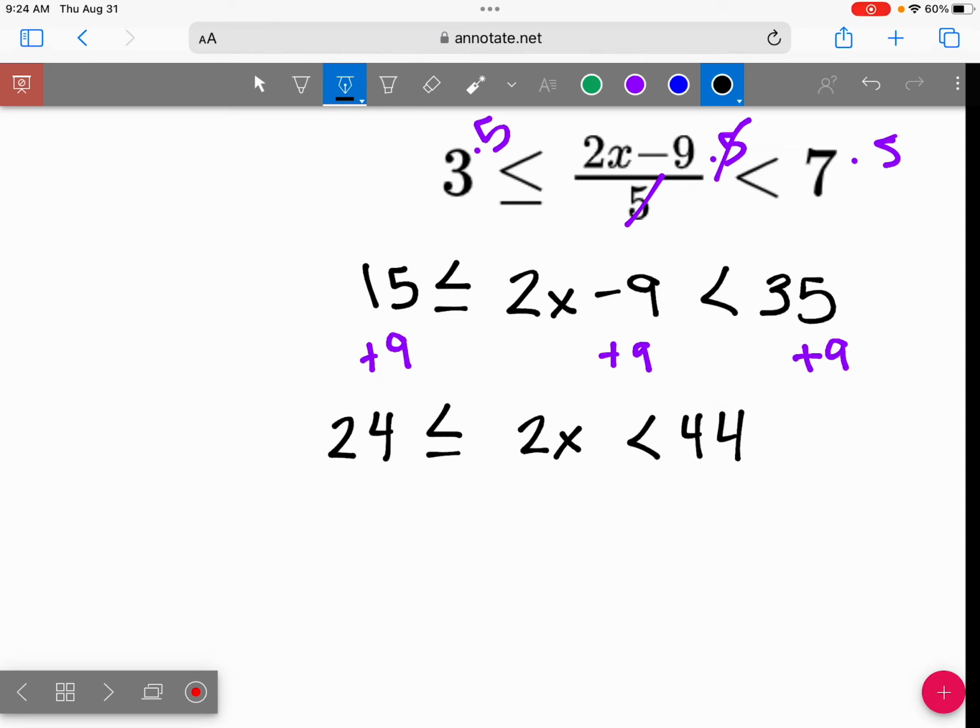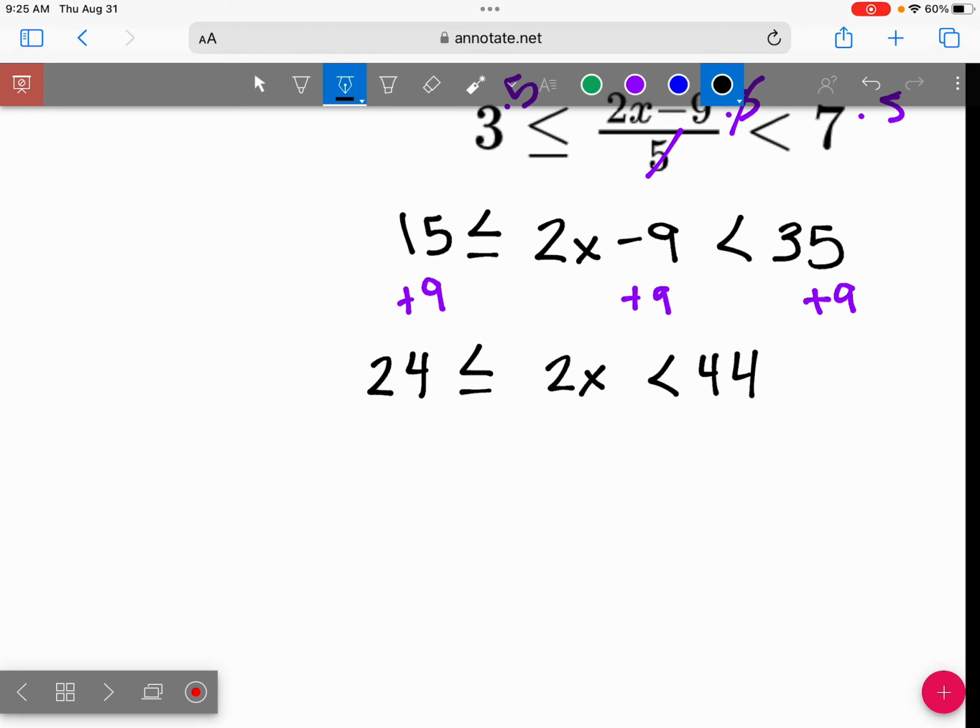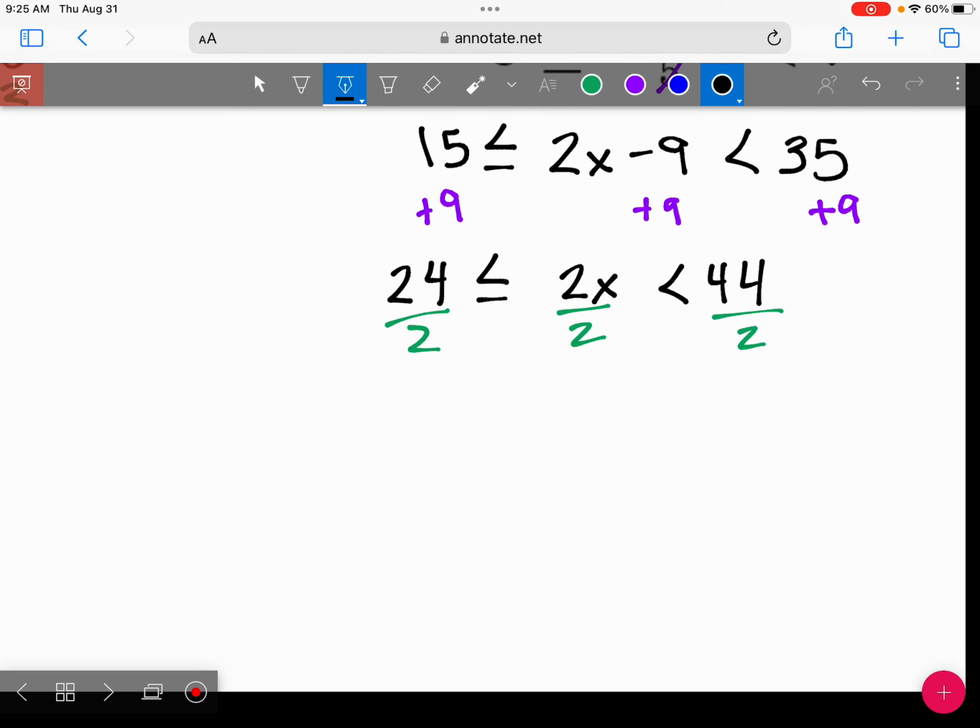Then divide by 2. 24 divided by 2 gives us 12, less than or equal to x less than 22.